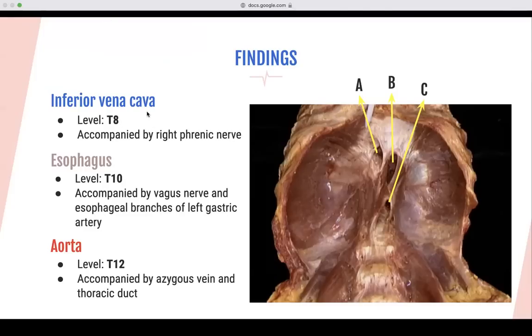I remember this one from first year. But once you reach fourth and fifth year, you forget all these things. But this mnemonic I remember: IVC is T8, 10 eggs for esophagus T10. What was the last one? 12 for aorta.